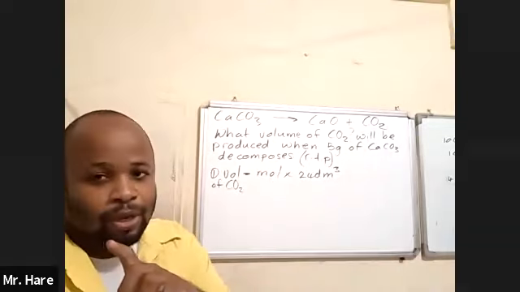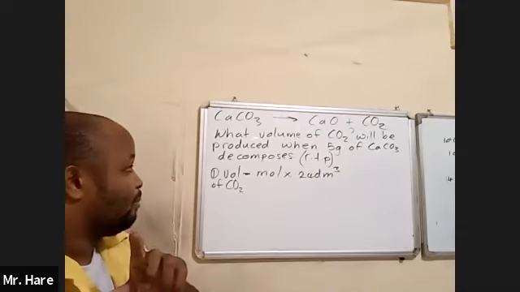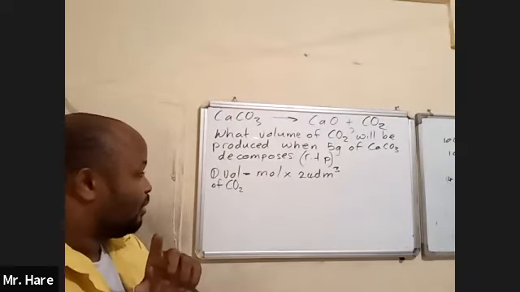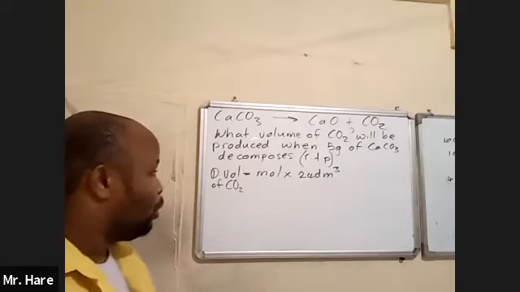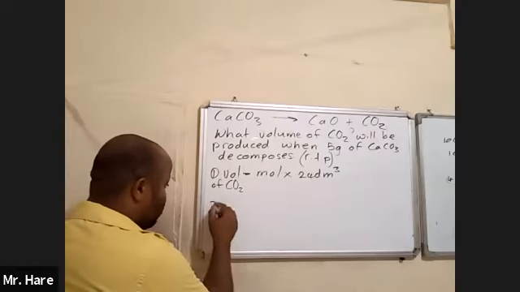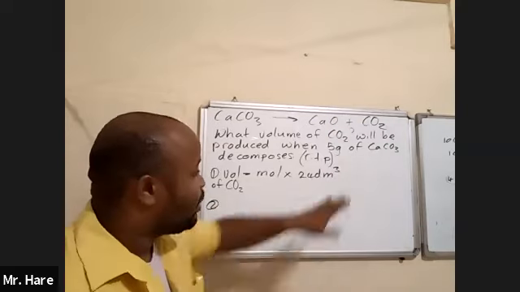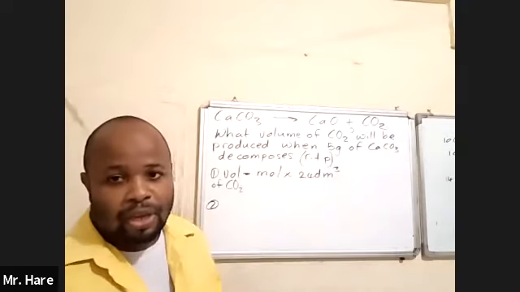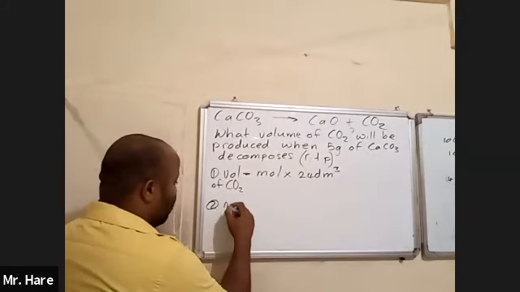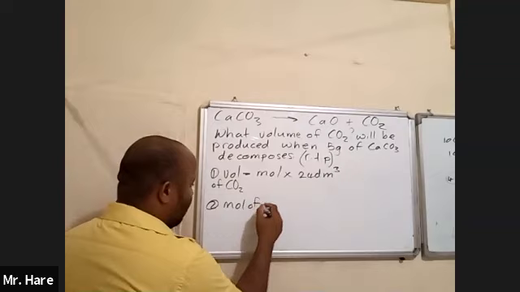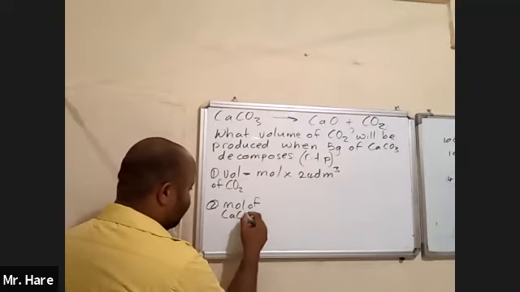But 5 grams of what? Calcium carbonate, not CO2. So the next thing we're going to do, whatever information they give us, we're going to calculate moles. So 5 grams of calcium carbonate, we're going to calculate the mole of calcium carbonate.